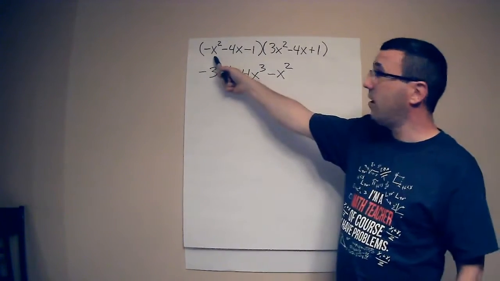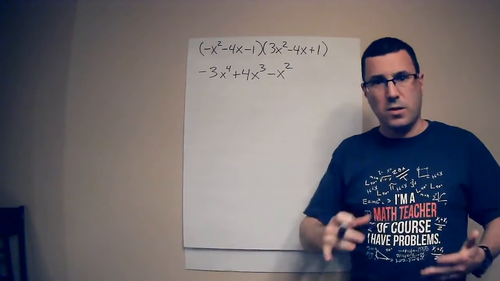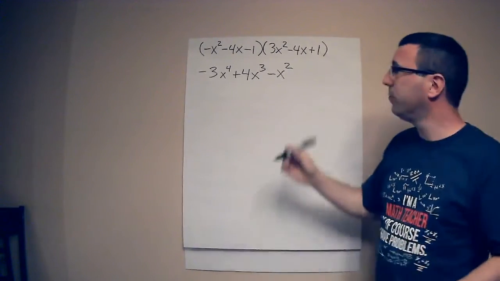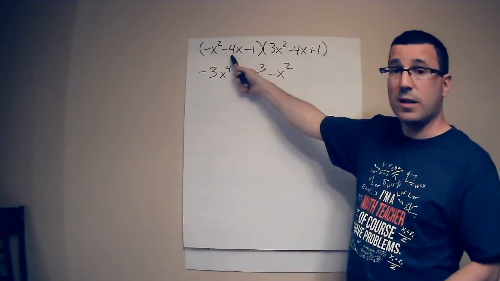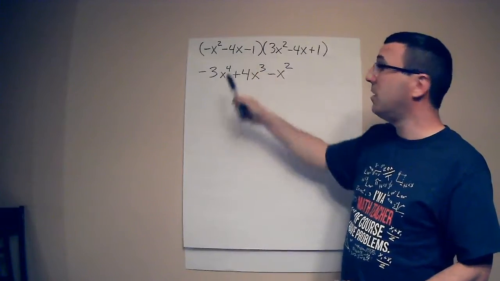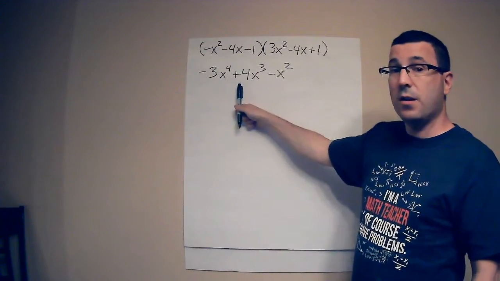So I've taken care of this first term. If you want, you can cross it out so you're keeping track of things. I'm not going to. I'm just going to move on to the next one, this negative 4x. Since I moved over 1, I'm also going to move over 1 in what I'm writing.